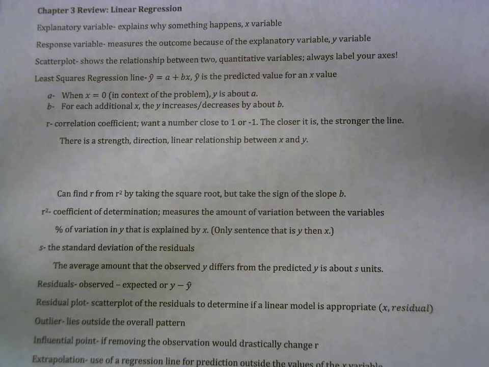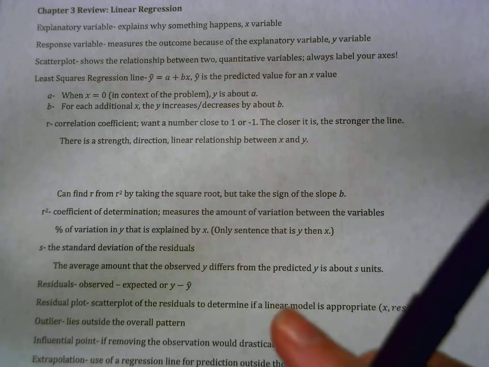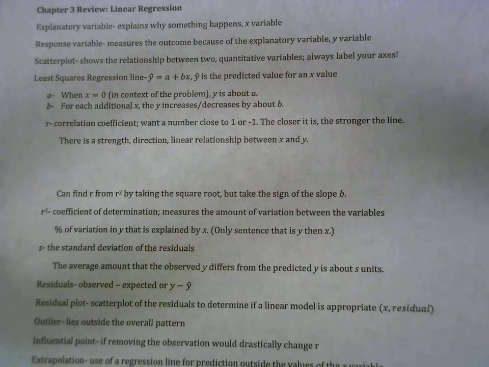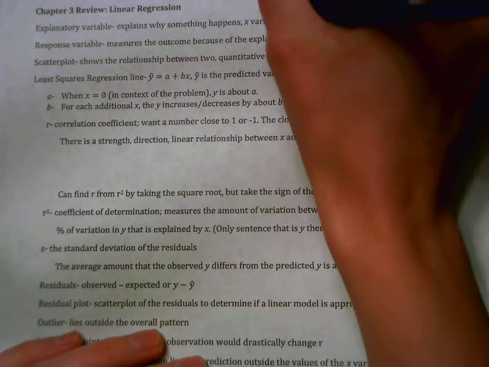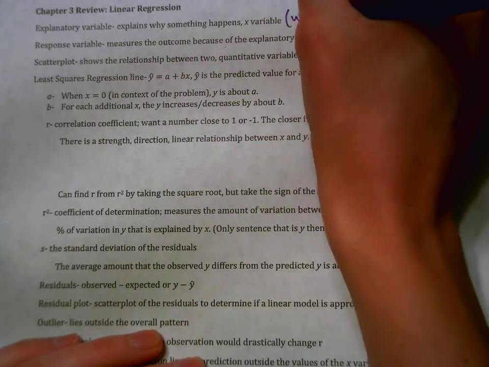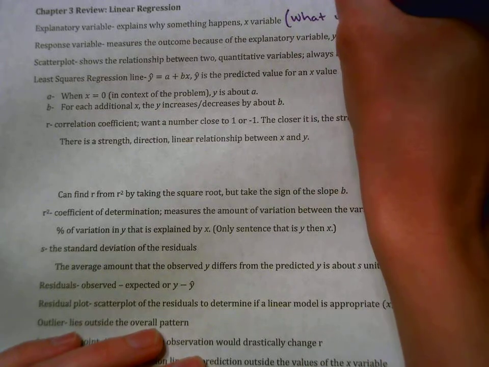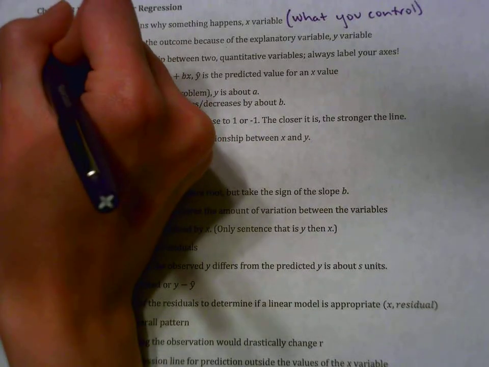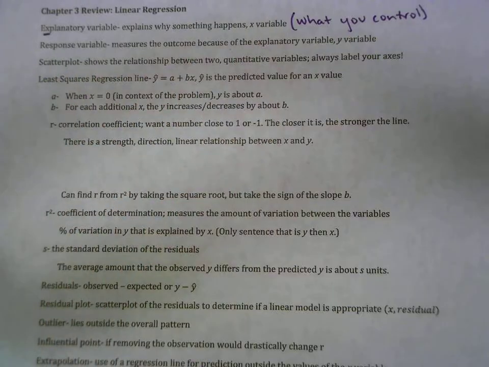So first we talked about explanatory versus response. Explanatory is your X variable, and it explains why something happened. The way I think about it is it's what you control. We can remember explanatory is the X variable because it has an X in it.